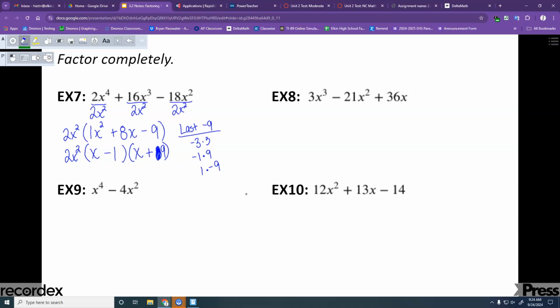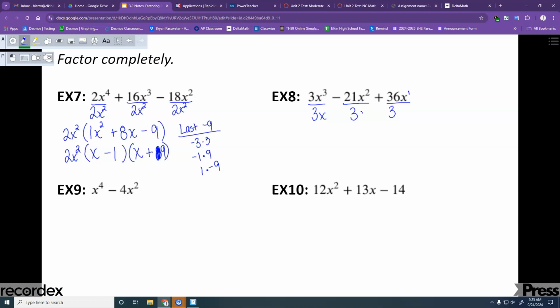Angel, what's the greatest common factor for that one? What could I divide all of them by? 3. So, can I take any x's? Okay. First of all, do they all have x's? So if they all have x's, I can definitely take at least an x out. What's the lowest number of x's you see? Just a single x right here.